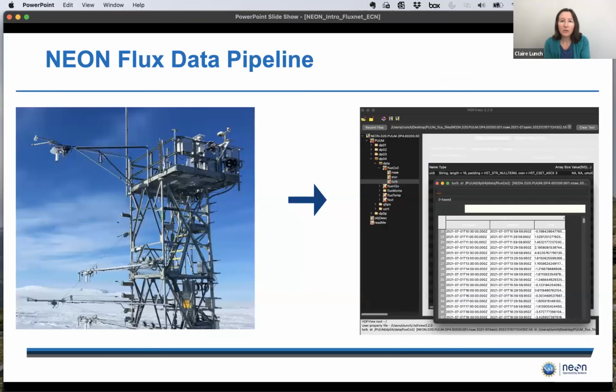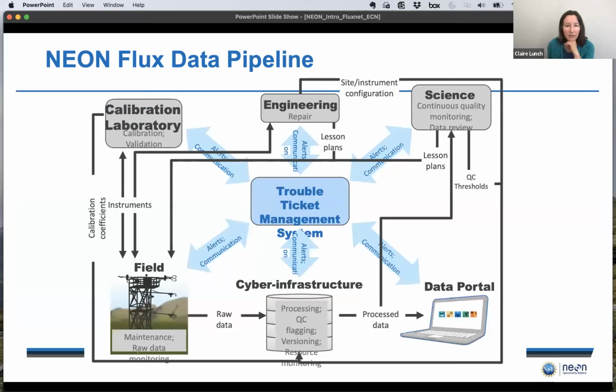Okay, so let's talk just a little bit about data processing. So, the process of getting from a tower in the field to data that you can download from the NEON website. So this is sort of a schematic of the sensor monitoring system that NEON operates.